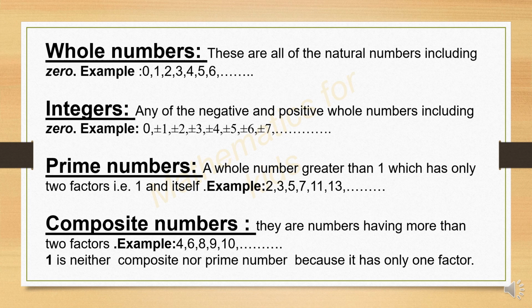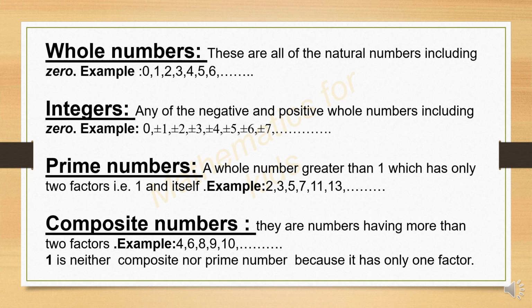Prime numbers are whole numbers greater than 1 and they have exactly two factors, that is 1 and the number itself. For example, 2, 3, 5, 7, 11 and 13 are prime numbers. Prime numbers are different from composite numbers, because composite numbers have more than two factors.